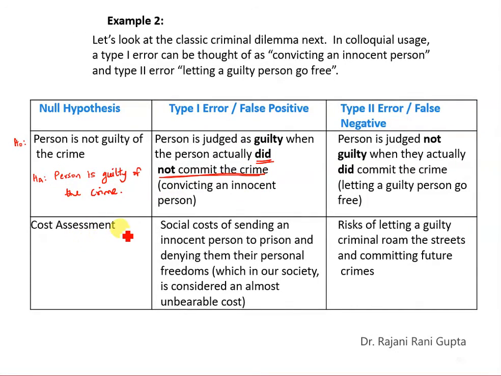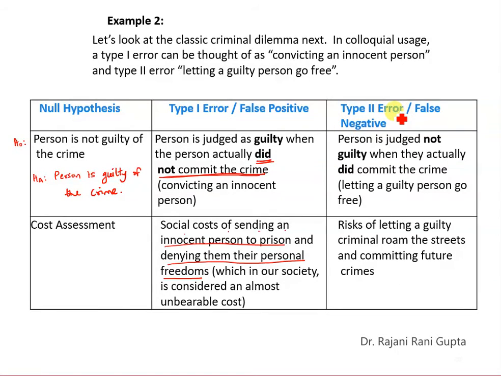This is the wrong decision. So what is the drawback of it? The social cost of sending an innocent person to prison and denying them their personal freedoms, which in our society is considered an almost unbearable cost. No compensation will ever be able to fulfill this loss.